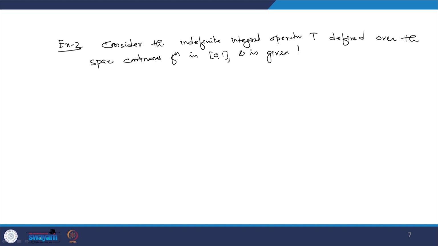Suppose it is given by T f of x equal to the integral from 0 to x of f of t dt.